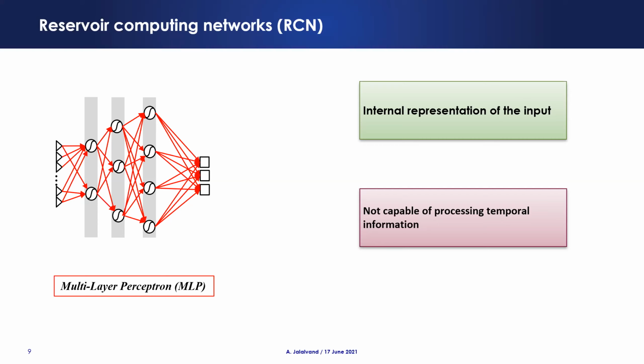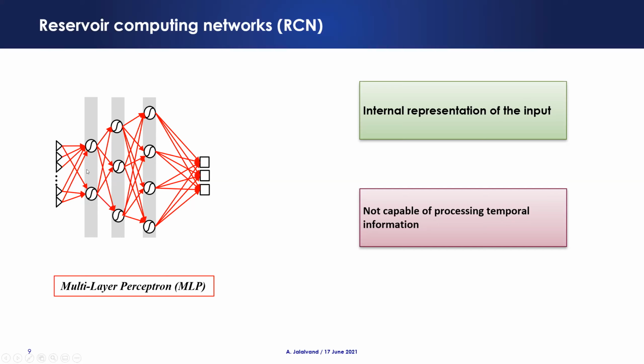For those of you who are not very familiar with neural networks, I'll give a brief introduction, from the simple multi-layer perceptron to reservoir computing. Well, a multi-layer perceptron consists of an input layer, some hidden layers, and an output layer that actually tries to classify or do the task for you.